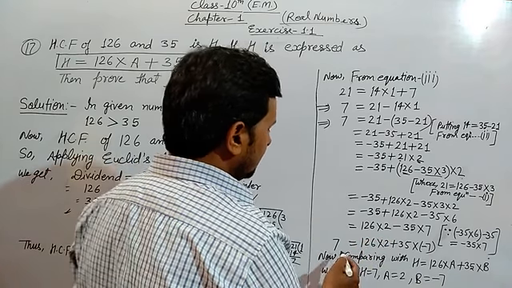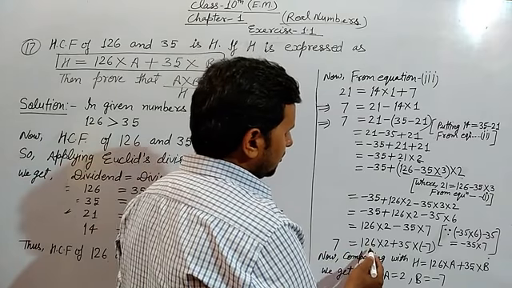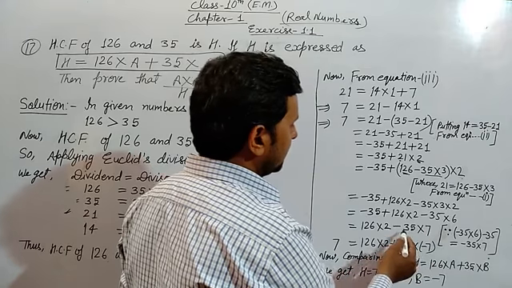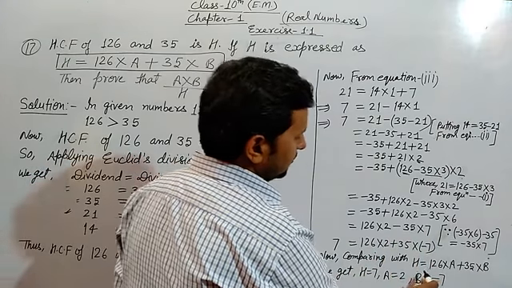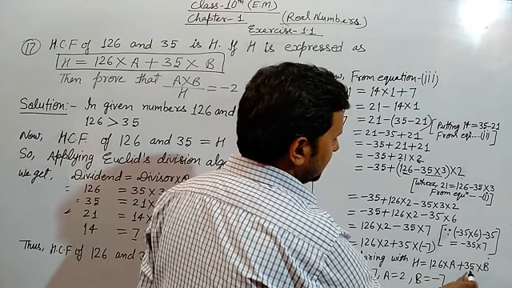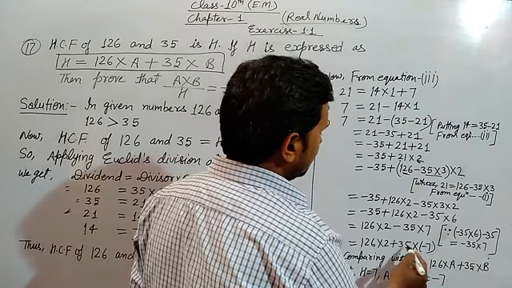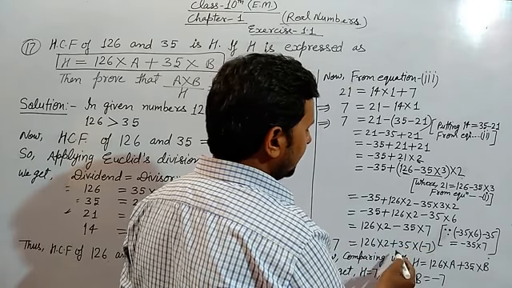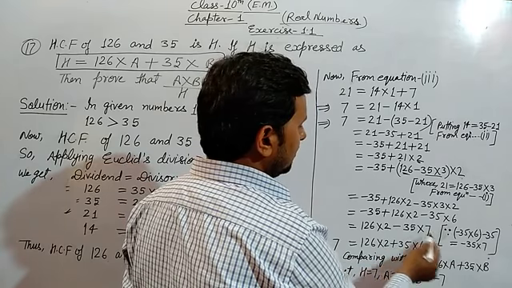Now we can write 7 equal to 126 into 2 plus 35 into minus 7, because our question says h is equal to 126 into a plus 35 into b, so we have to put a plus here, and this minus should be there. So plus 35 into minus 7.